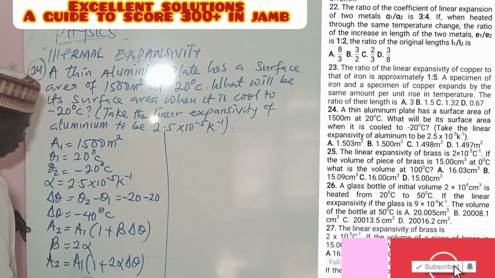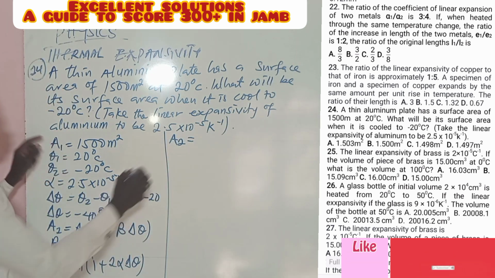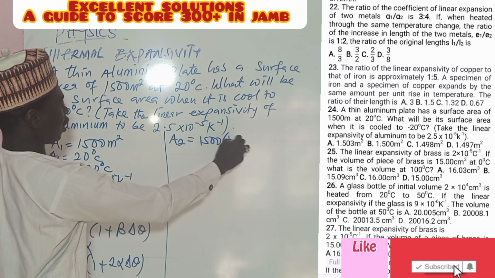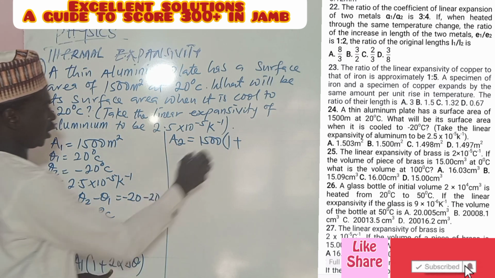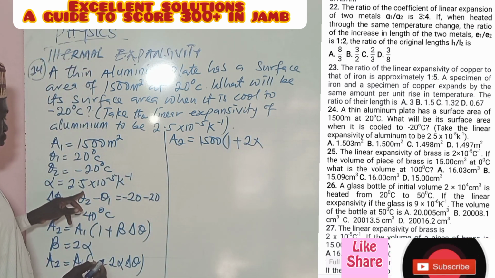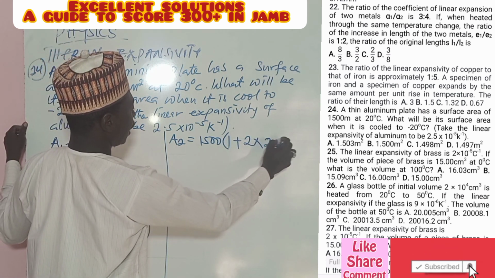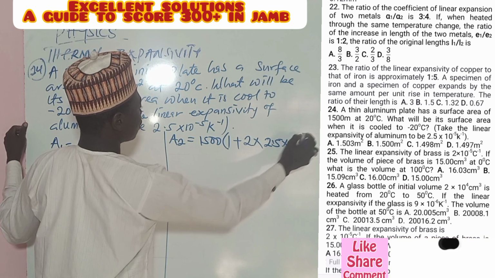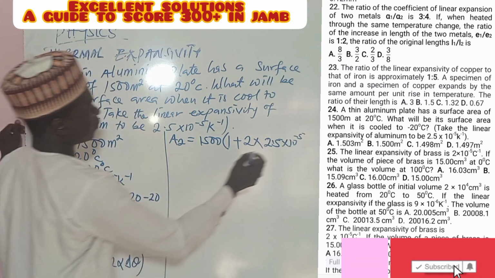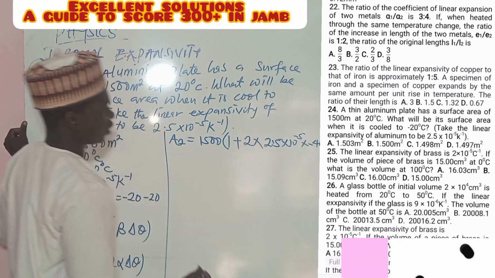This is the same as having A2 now equals our A1, which is 1500 bracket open 1 plus we have 2 here multiplied by our alpha, which is 2.5 exponential minus 5, multiplied by our delta theta, which is minus 40. So times minus 40. We close our bracket.